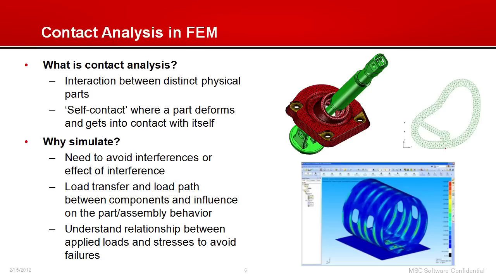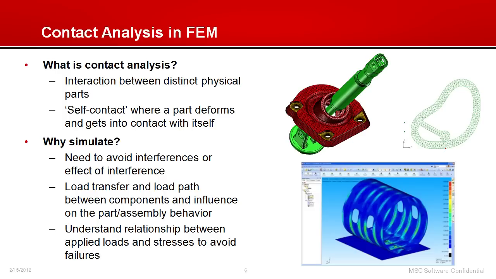When we have complex assemblies, how the load path goes from one component to the next is also very crucial to getting an accurate stress distribution. So contact can be used to accurately determine the load transfer and load path between components.